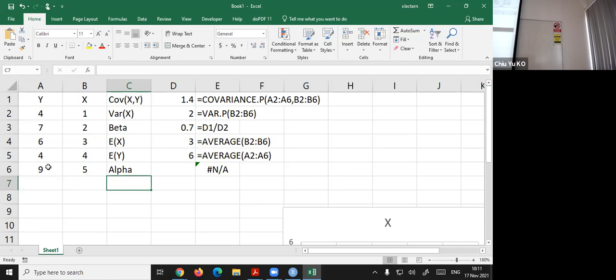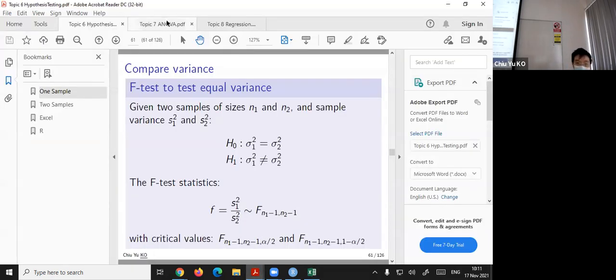Yeah, very well. I think some of you have done it. So I'll give you 1 more minute and you can try to tell me the alpha. How do you solve it? So alpha would be, just look at the formula here for regression.